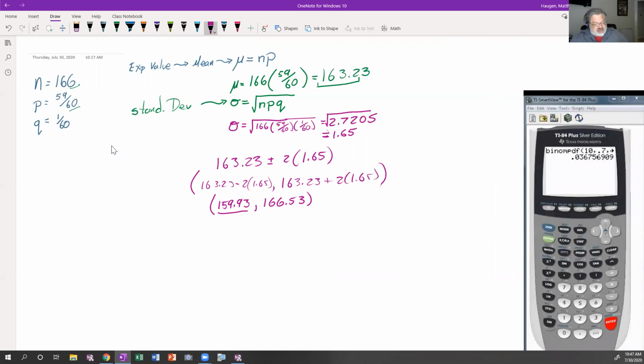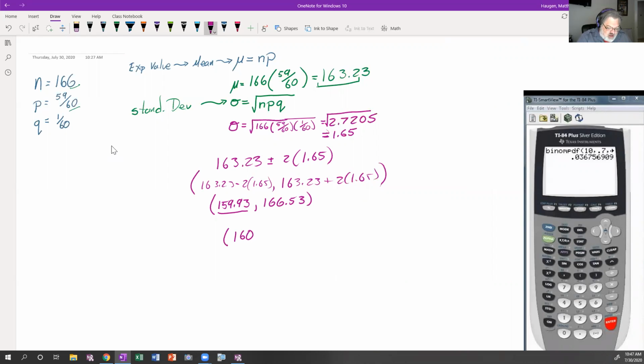So the question is, is 159 people unusual? The 159 is less than the 159.93, right? So we've got to round that up to the 160.